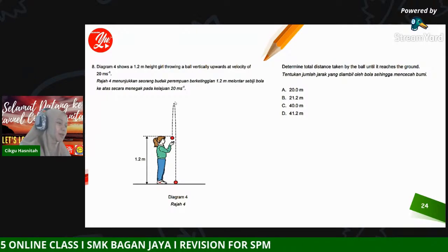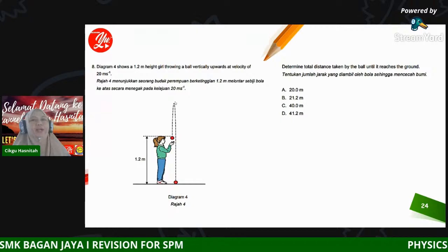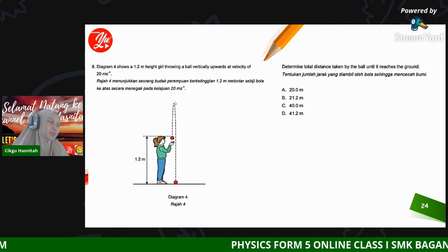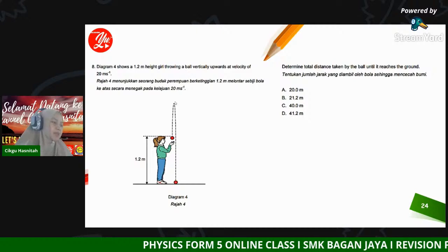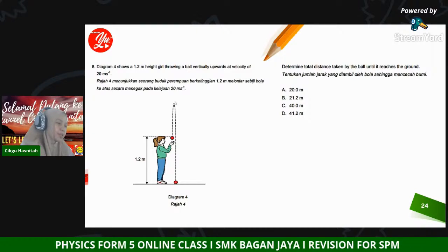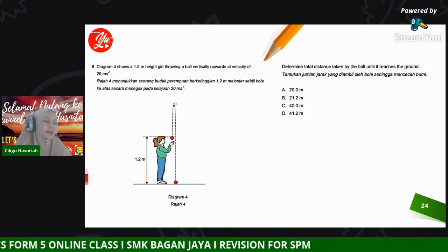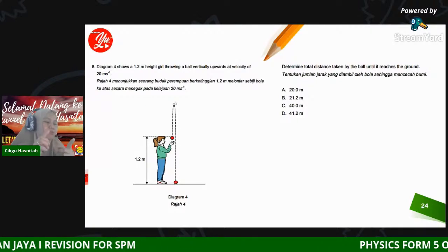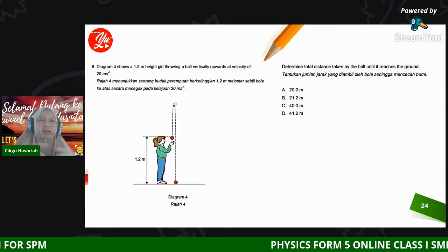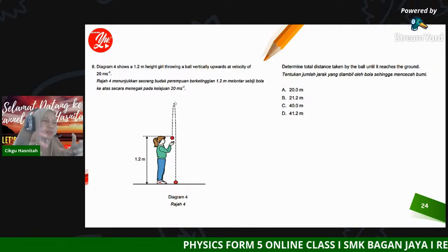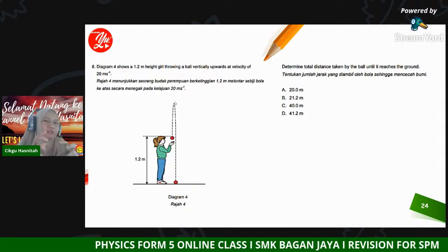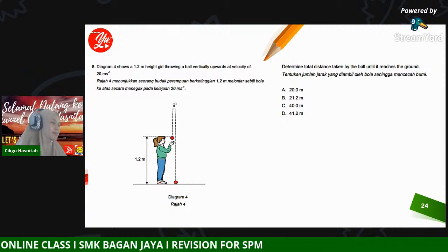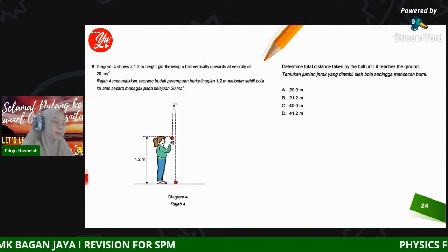Okay, how about gravity, G? What is the value for G here? G is 10 meter per second squared. So we can take G as 10 meter per second squared. So we have U, we have V, we have G. How can we combine all this information in order to find S? Which formula can we apply here?